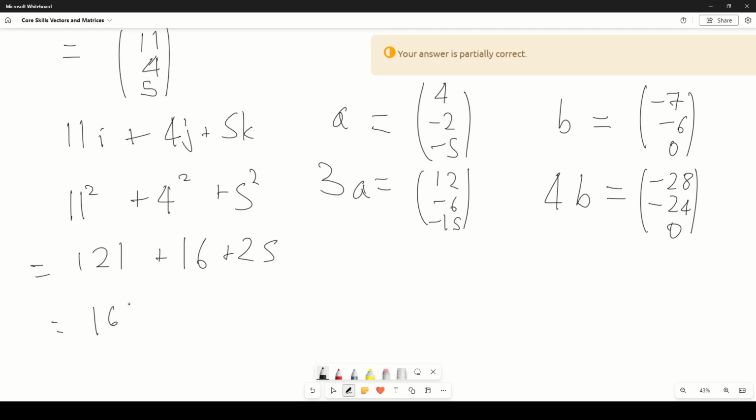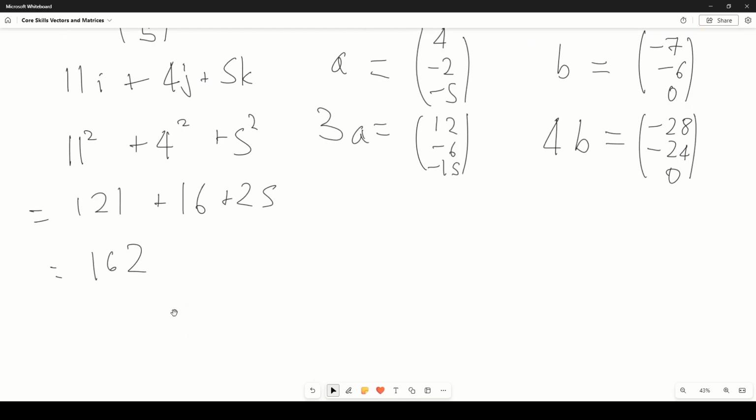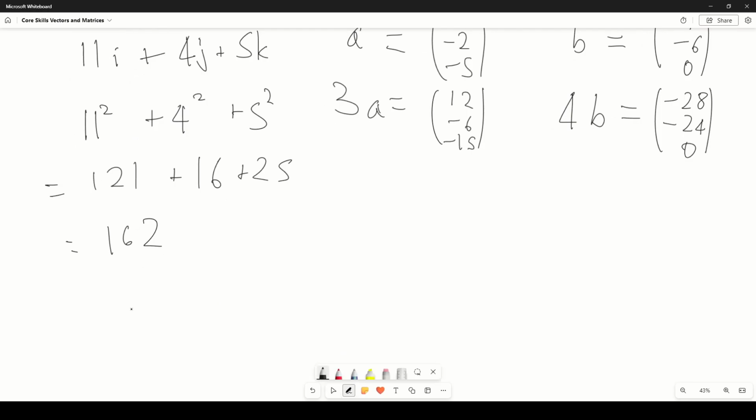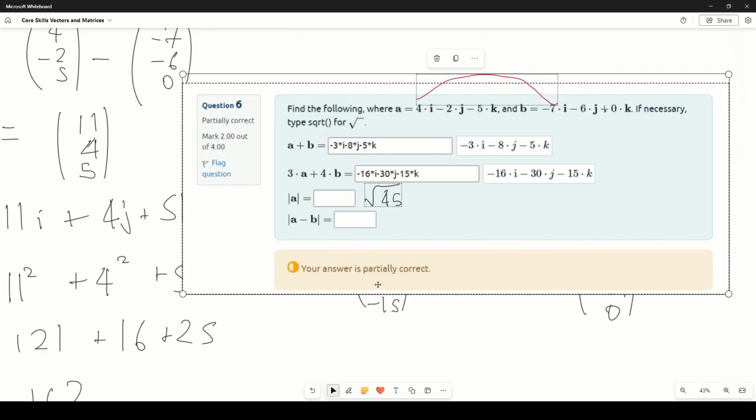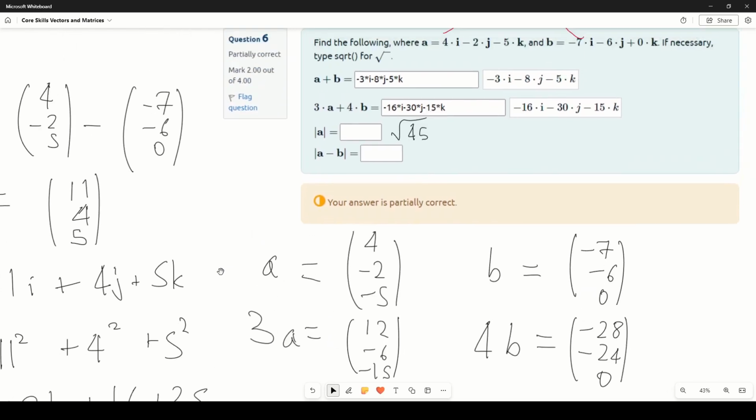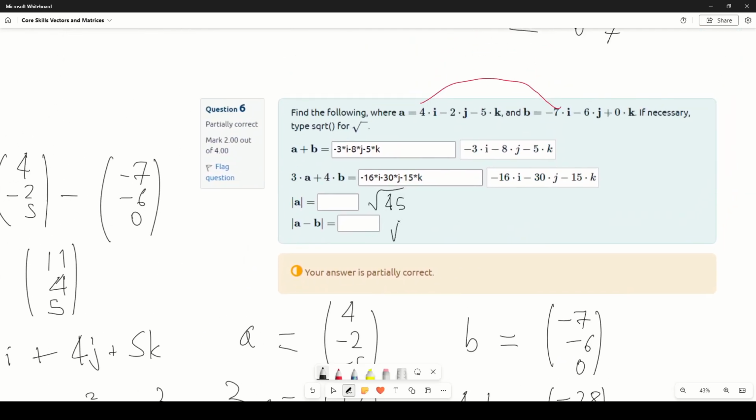Okay, 162. And now we put on the fancy hat, which is the square root. And that would be your answer for this question, basically. So this was vectors. It wasn't the best explanation, but it will probably help you get through the test, and hopefully it helped a bit.